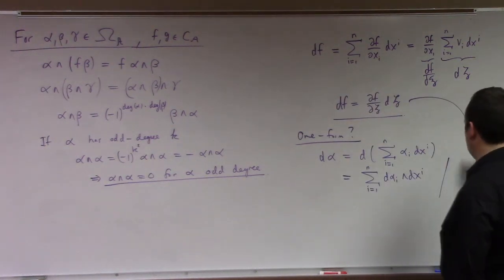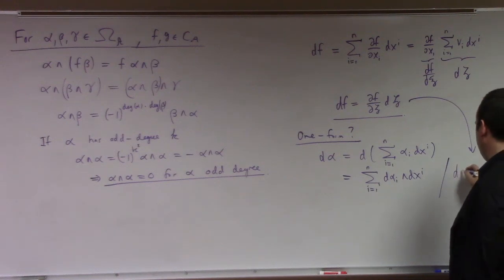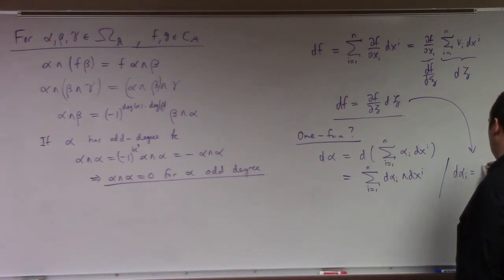Using this result, it's partial alpha_i, partial zeta, d zeta, right?